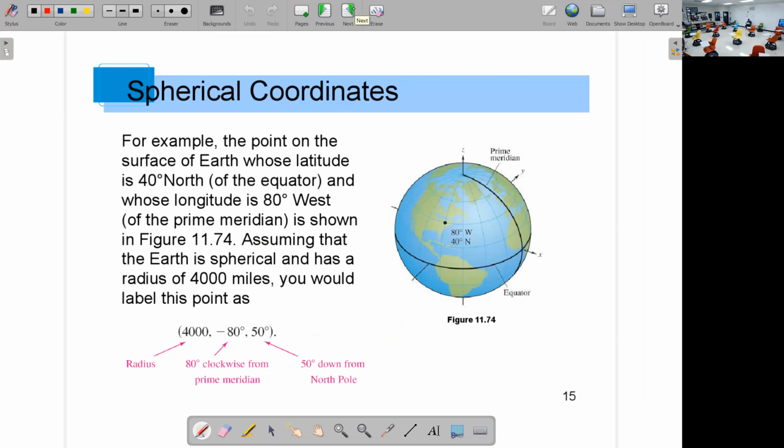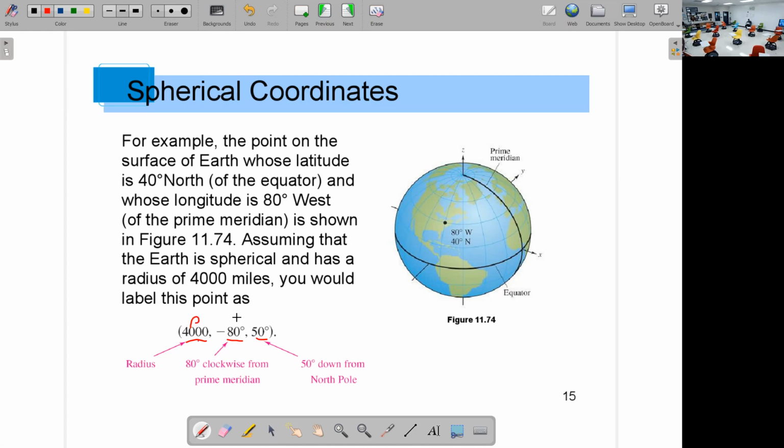So for example, the sphere, our Earth. The point on the surface of Earth whose latitude, you see these coordinates sometimes on GPS or something like that. So here's theta, and this is rho.